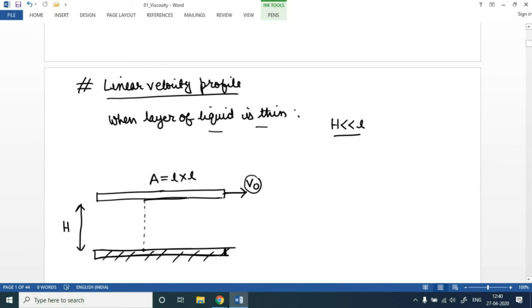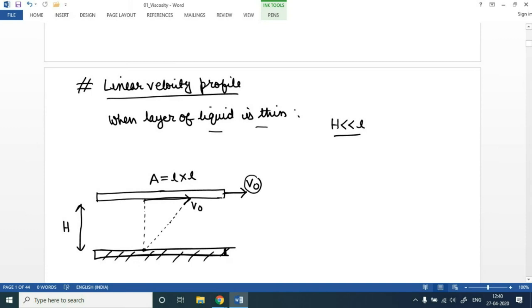So the velocity profile created is this layer of liquid will be moving with V naught, and this layer of liquid will be moving with zero velocity. So a linear velocity profile will be created, because if this h is very small, even if there is a curved profile, you can approximate it with a linear profile here.